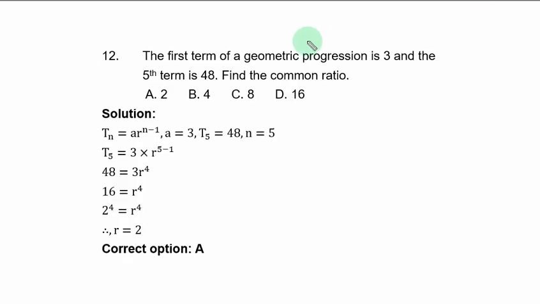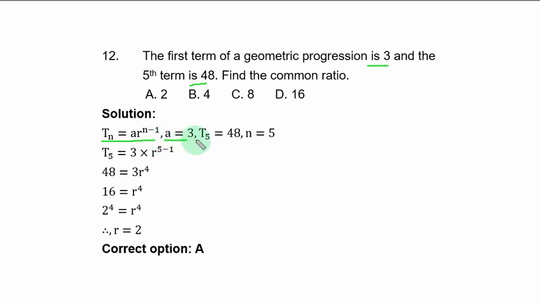Question 12. The first term of a geometric progression is 3 and the fifth term is 48. Find the common ratio. All we have is about the nth term of a geometric progression given in this form. The first term, denoted by a, is equal to 3.